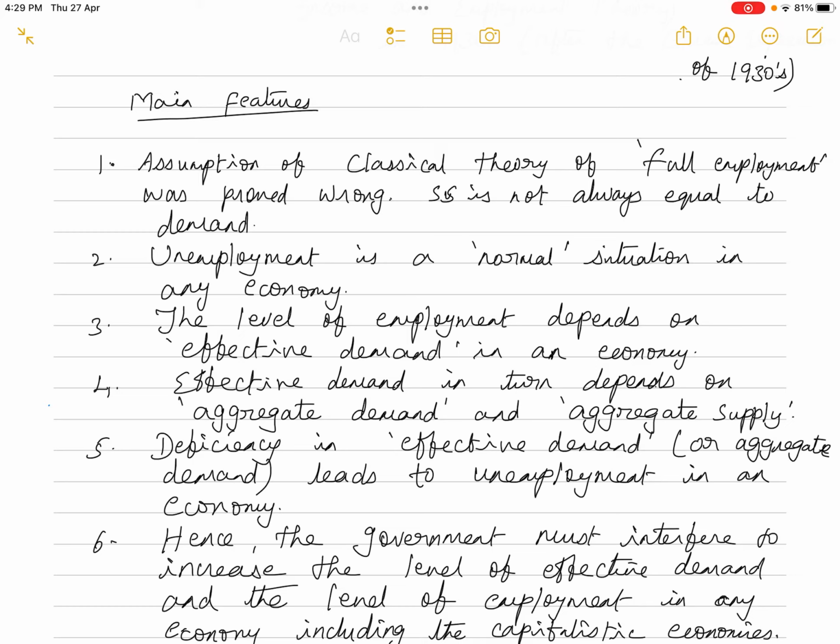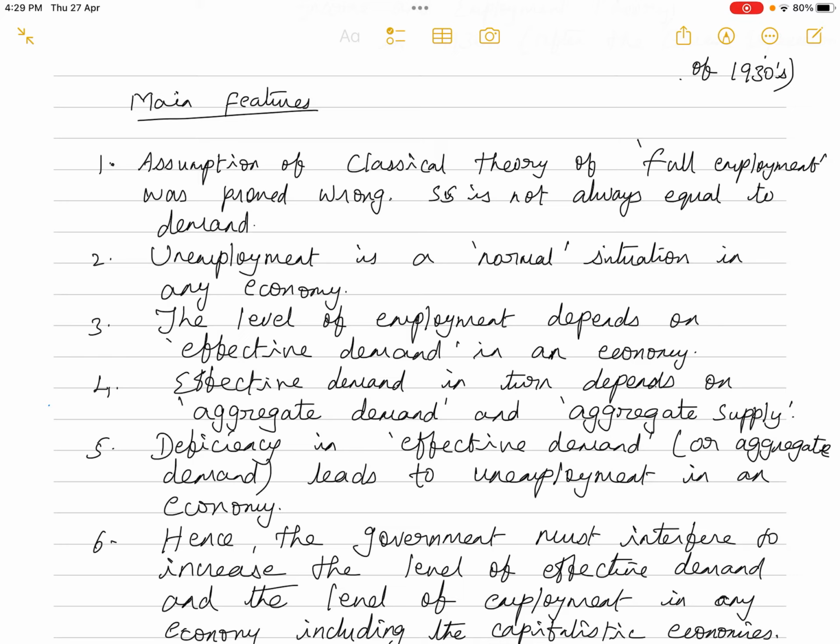I cannot say it was just an assumption, because that was happening in almost all the countries of the world before the Great Depression of the 1930s. No country faced any extraordinary problem of unemployment. Always the economy was coming back to the normal level, and the employment situation was restored to the full employment level.